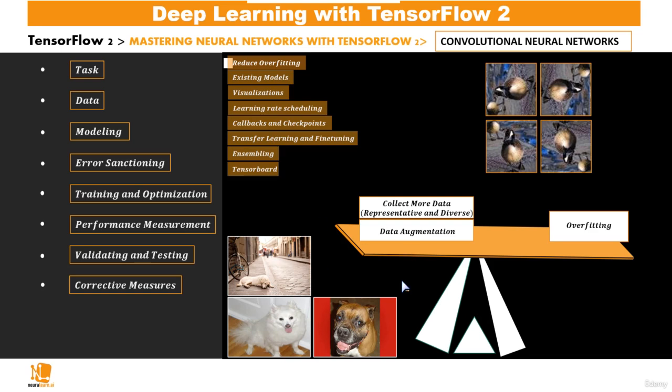Then the next way to reduce overfitting is by including dropout. As we shall see, many practitioners use dropout in order to reduce the effect of overfitting. And then the next technique used is regularization, more specifically the L2 regularization.